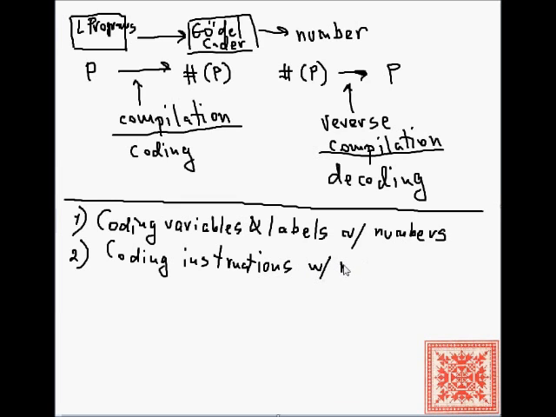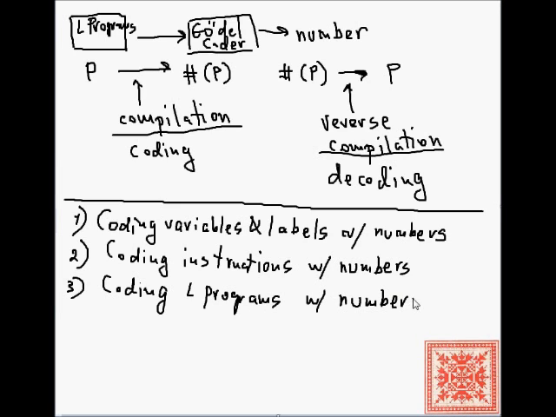You may want to refresh your memory on the syntax of L by watching a couple of previous screencasts on this channel. And once we know how to code variables and labels, we'll figure out how to code entire programs, because programs are nothing but sequences of instructions.